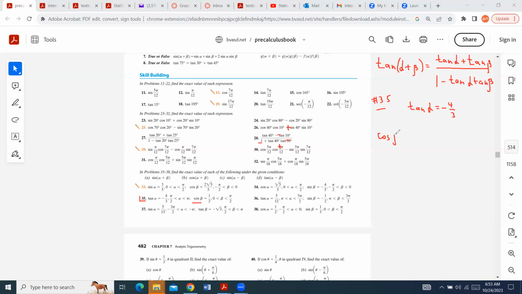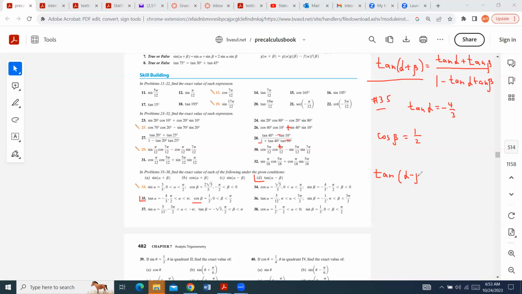So how about if I try to find the tangent of alpha plus beta? Actually, they have tangent alpha minus beta. Okay, so you can find tangent of alpha minus beta.